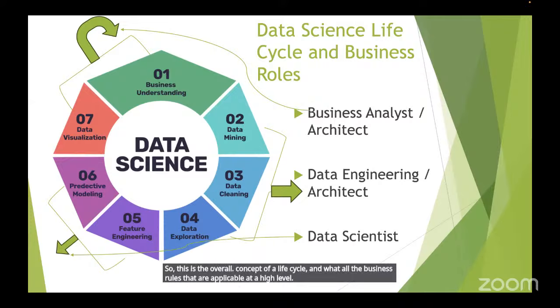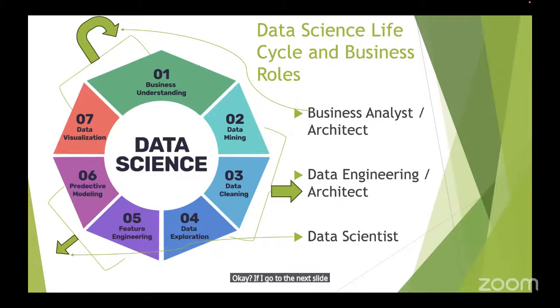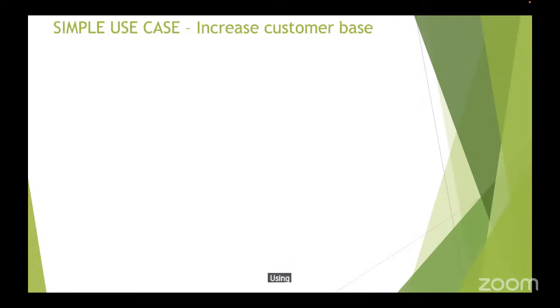Okay, if I go to the next slide, we'll take a simple use case using this data science model. I want to increase the customer base for any kind of supermarket or commerce site. So I have collected a huge amount of data.